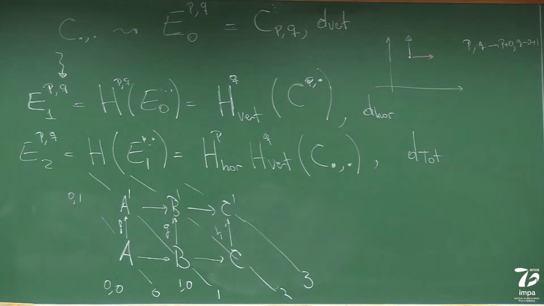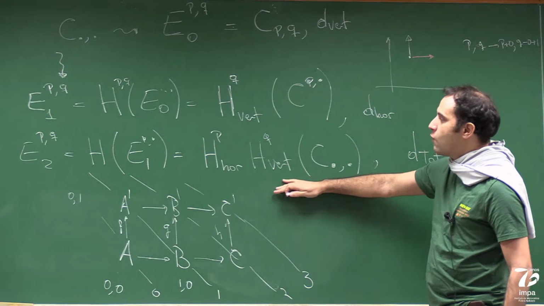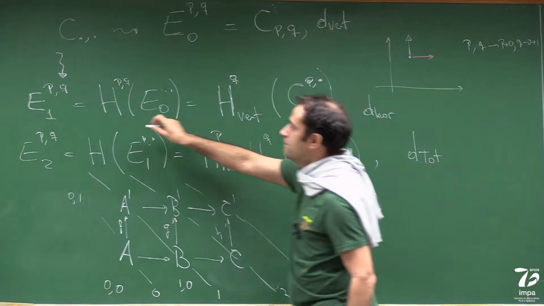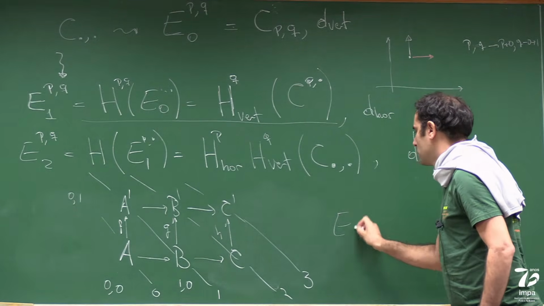So what is the E2 term of this spectral sequence? Well, the second page of that spectral sequence is going to start with the vertical homology first. So let's actually compute the E1 page first. Let's compute the vertical homology first, which is this one. Okay, so this is the E0 page, as written there.